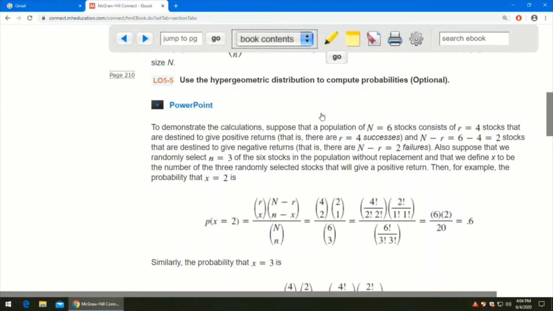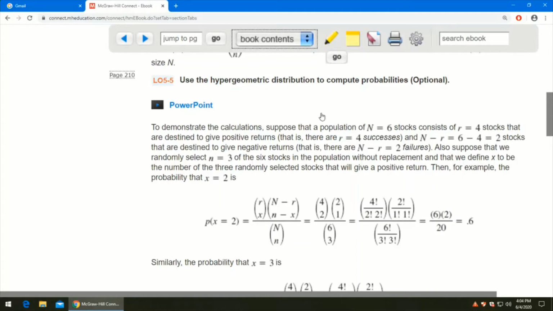So out of those 3 stocks we have at least 2 that is giving us positive result, and then 1 would be giving us a negative result, because N is the total pool of 6 stocks, and this small n is the selection that we make out of the pool of 6 stocks. We make 3 selections, and those 3 selections are represented in the denominator.